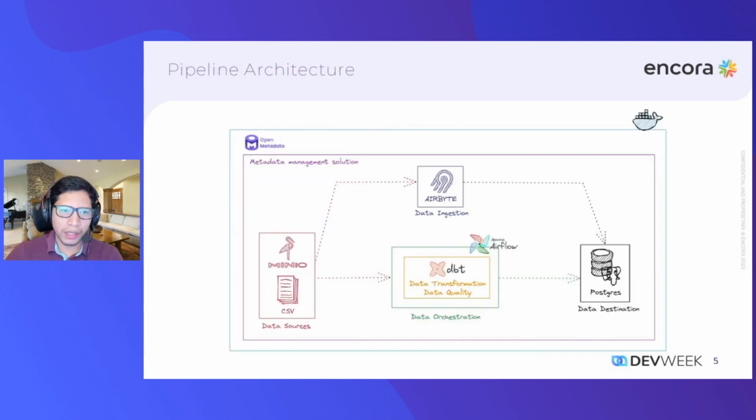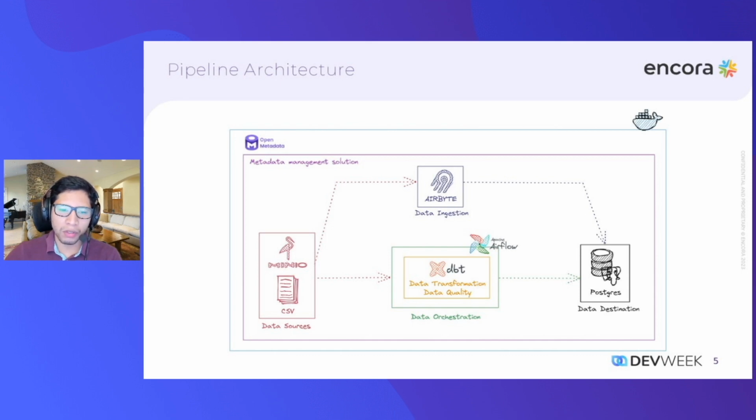So let's go with the pipeline architecture. We have two ways. First of all, we're going to be uploading some CSV files that we will use for this meeting using Airbyte. We will take those CSV files and they will be ingested into Postgres. And then the second way is using Airflow and dbt.